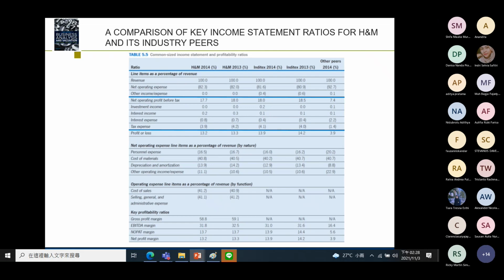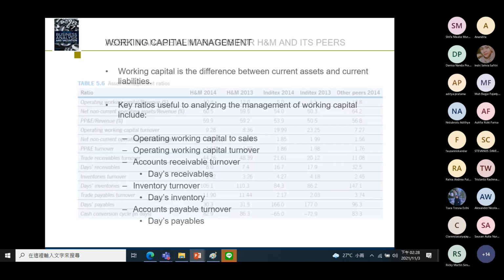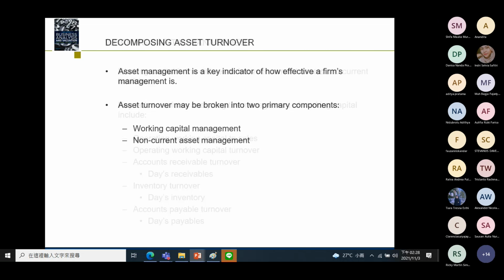Like most firms, HMN, Inditex, and the other industry peers distinguish four expense categories: cost of materials, personnel expenses, depreciation and amortization, and other operating expenses.